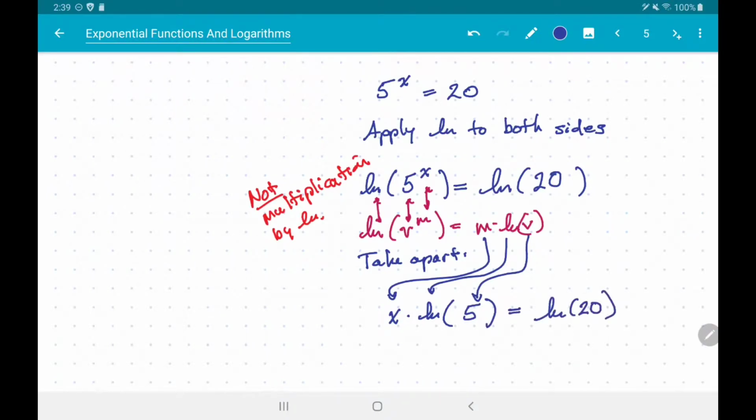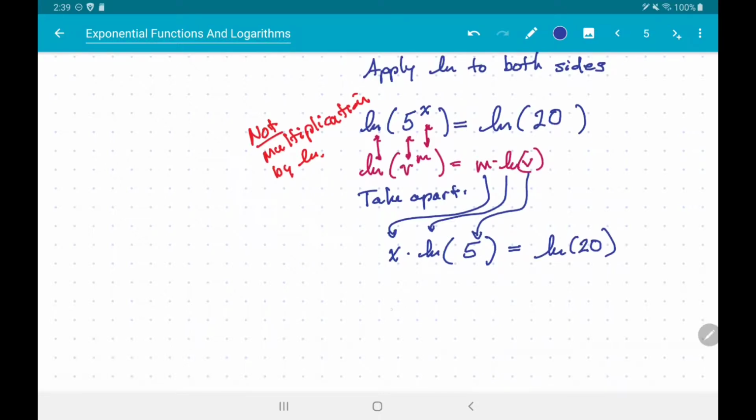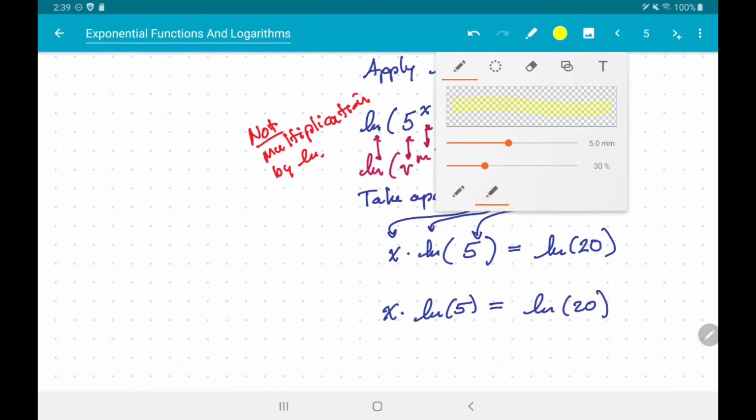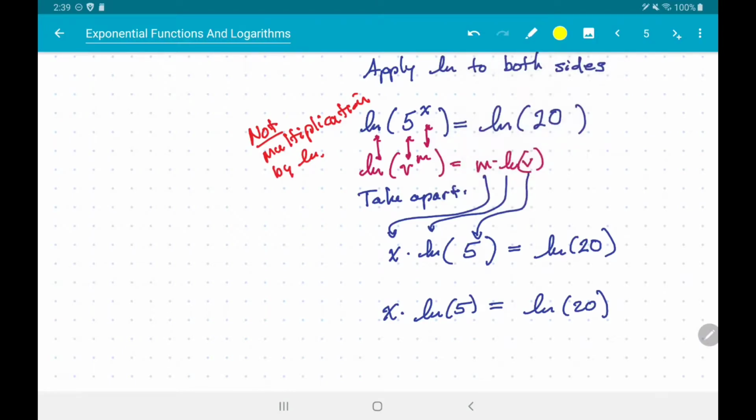Now there are some things you could do to ln of 20, but they're optional and I'm not going to bother with them now. Okay, so this is where we are. At this point, I do feel that I should show you the structure of both sides of this, because I've found that students are sometimes confused about what this ln actually is.